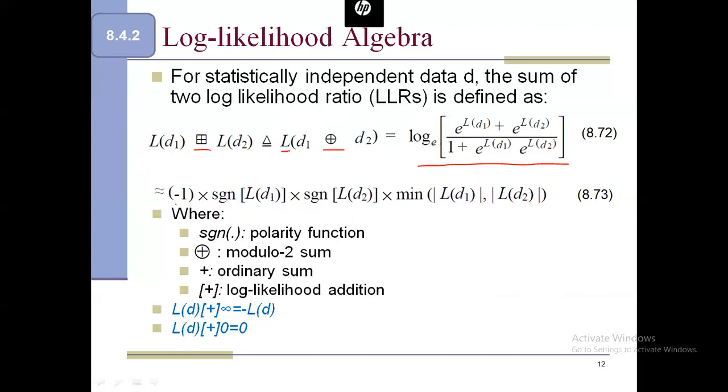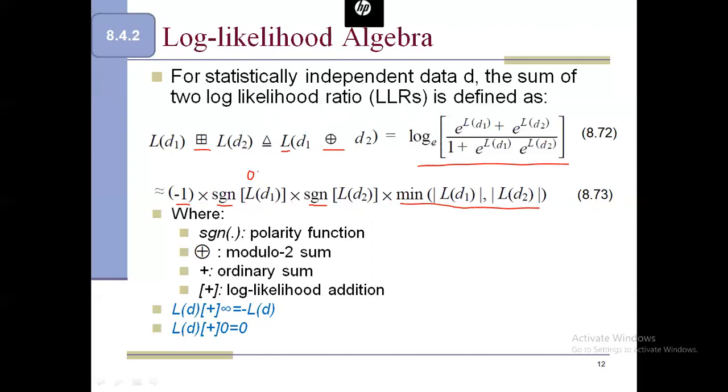as minus 1 to the power signum of LD1 and signum of LD2 into the minimum of LD1, LD2. So first I clarify this. LD1 value is a numeric value.